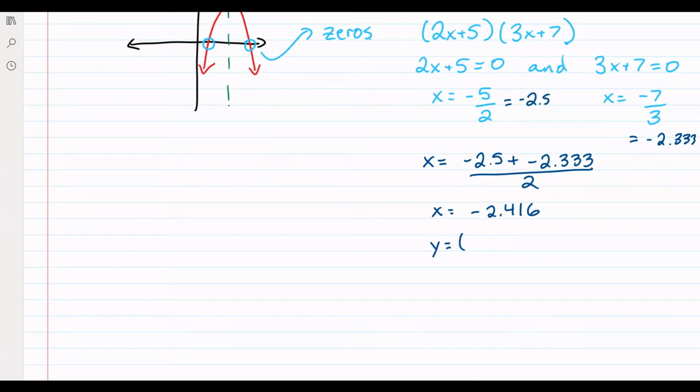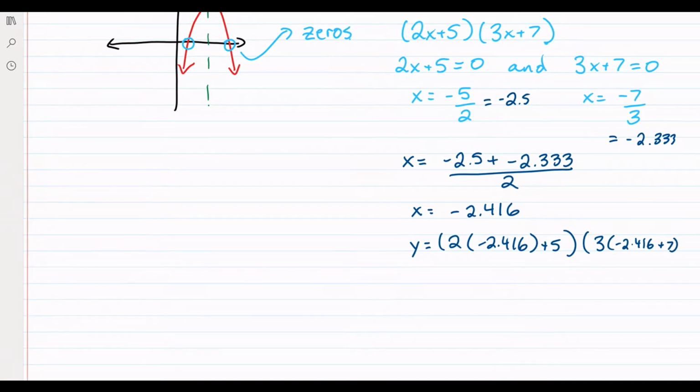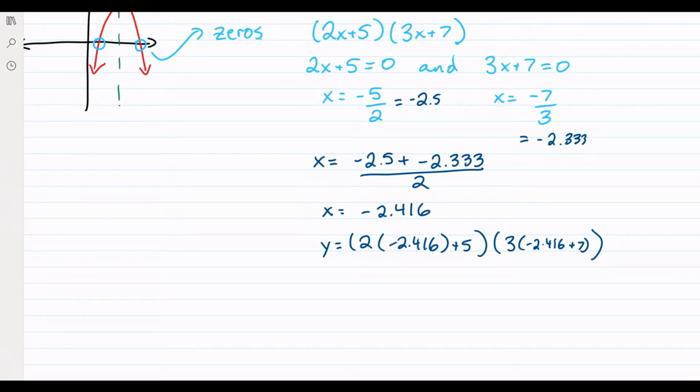So you would say 2 times minus 2.416 plus 5 times 3 times minus 2.416 plus 7. Do all of that math, and it comes out to something really small, minus 0.0417. So that's how we could figure out the vertex given our factored form.